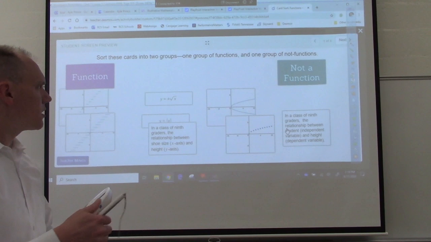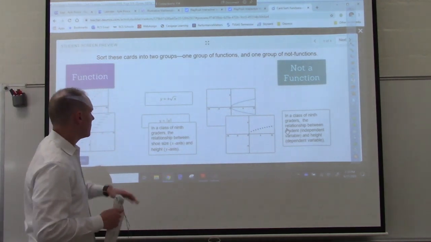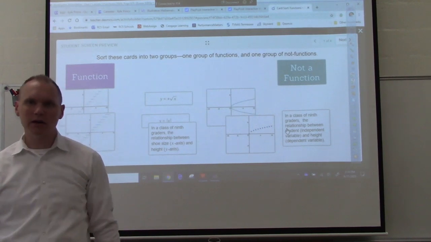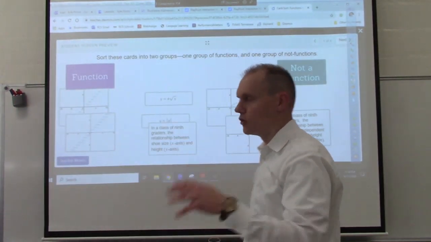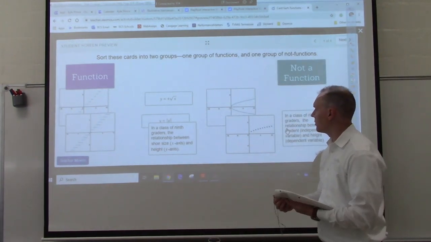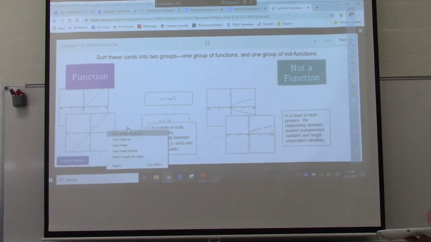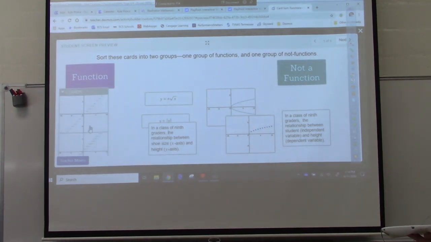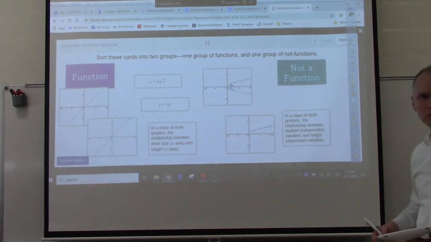So this is a card sort, and I'm going to give you a second to sort these on your own into two groups, not a function and function. And I'm going to move these around so you can see each one. And then we'll go through it together. So just on your own, see what you can do.